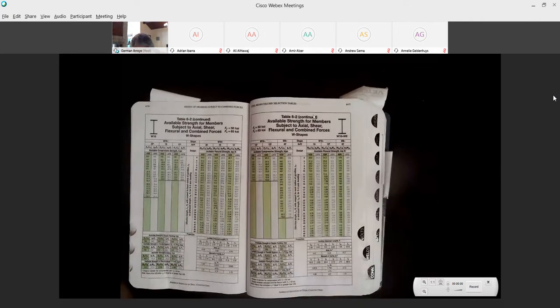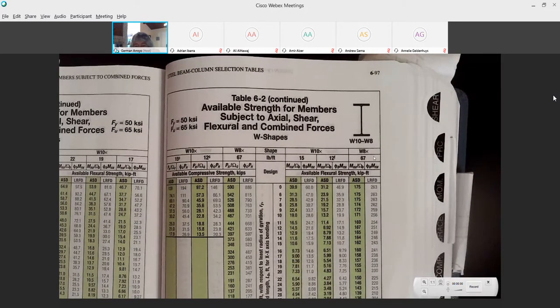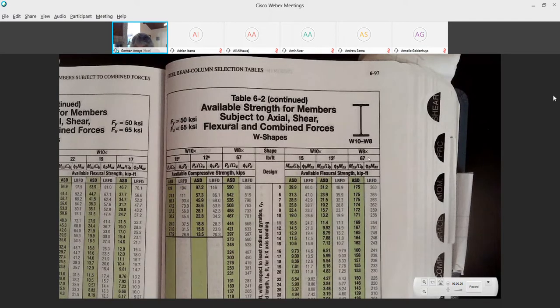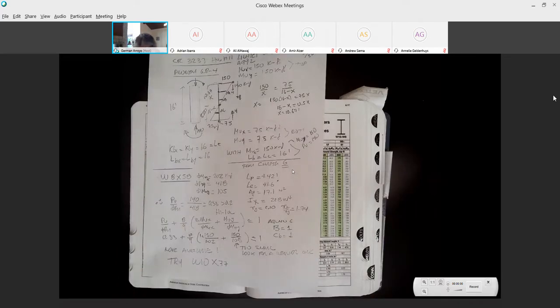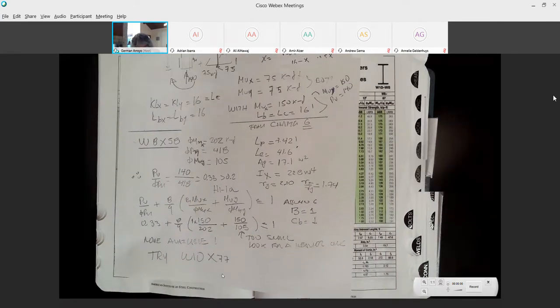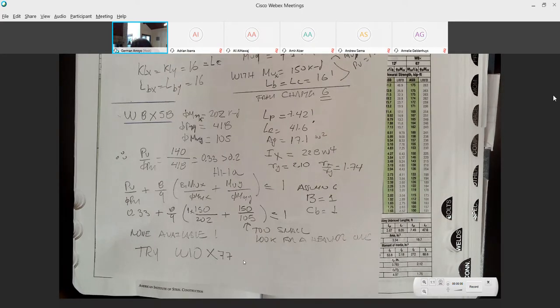In this page, the next page or previous page, W8 by 67, there's no way that this is going to make it. So I went to the W10. And I needed a W10 that was heavier than 58. So I knew that the next W8 is going to fail. So I went to W10 by 77.